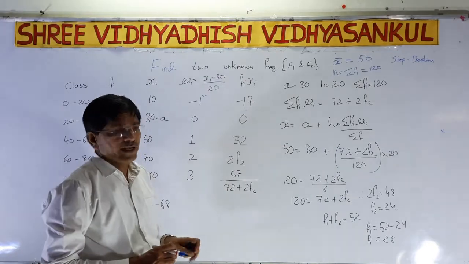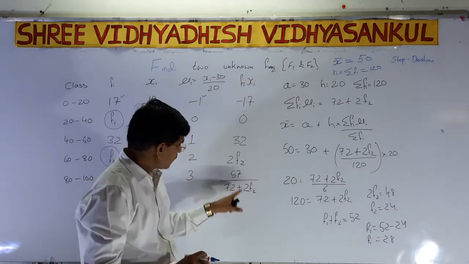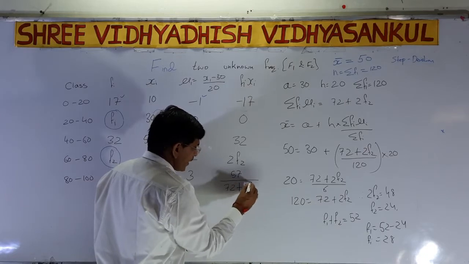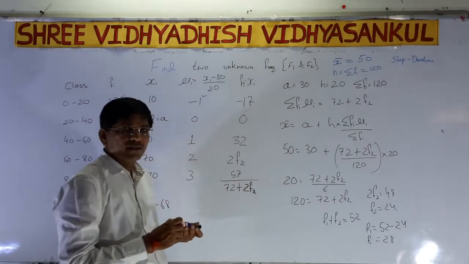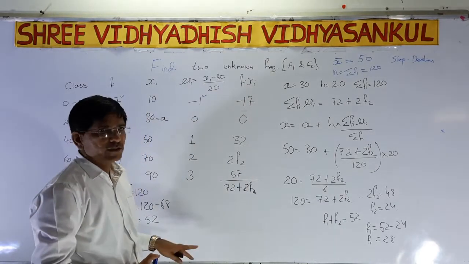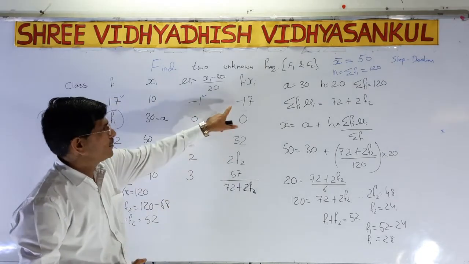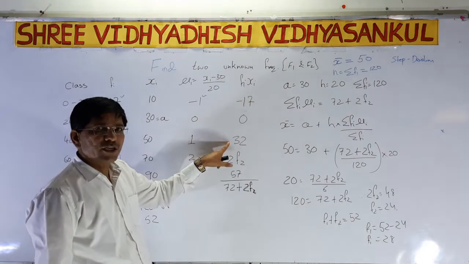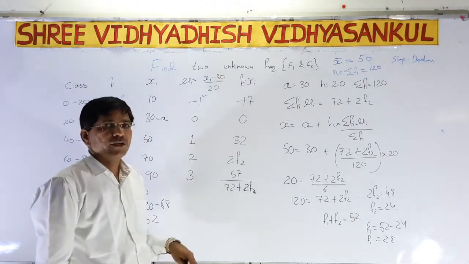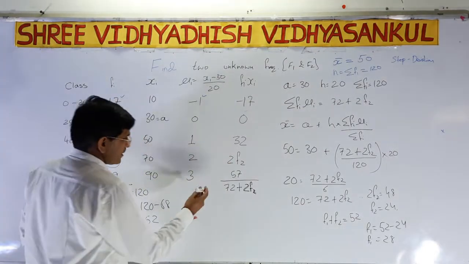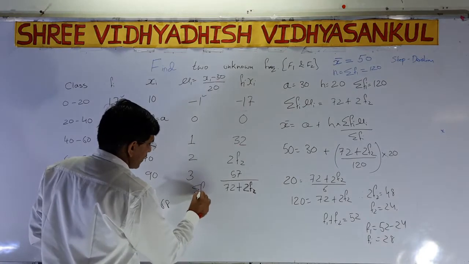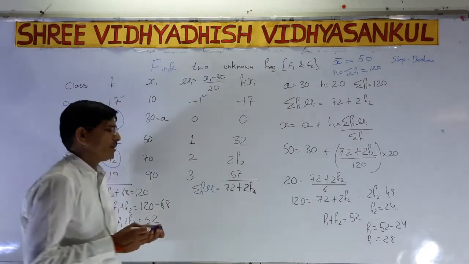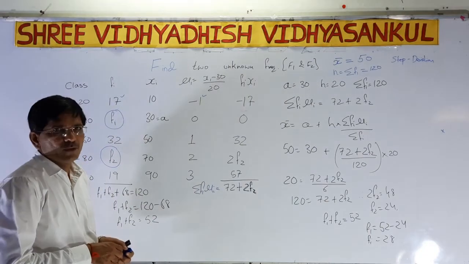We cannot do it like that. First of all, we have to put plus 2F2 as it is. Afterward you have to total it. So 57 minus 17, that is 40. 40 plus 32, that is 72. So sigma Fi Ui is equal to 72 plus 2F2.